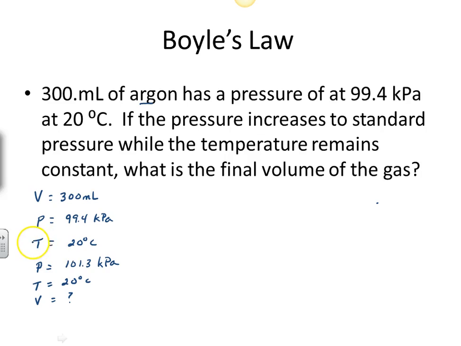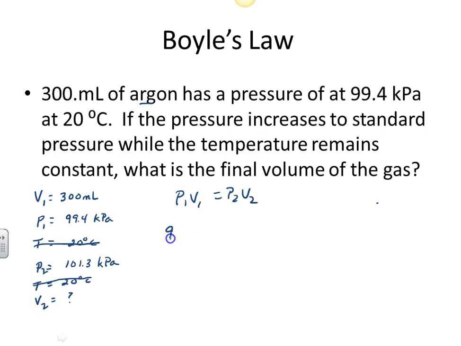Okay, we can see here that temperature is 20 in both conditions, so that can be eliminated. That was information that we did not need. We have our equation, P1 times V1 equals P2 times V2. Our initial pressure is here, our final pressure here, final volume there.